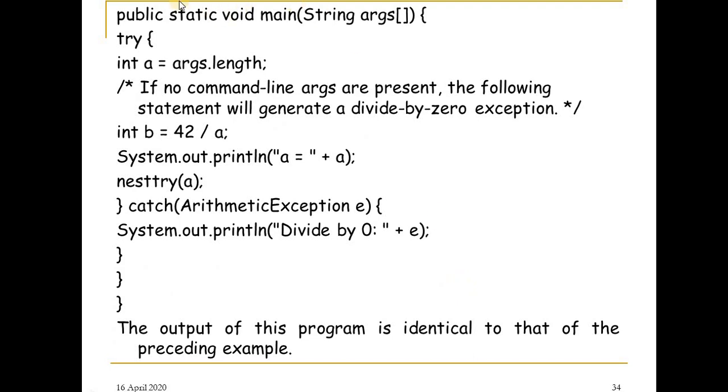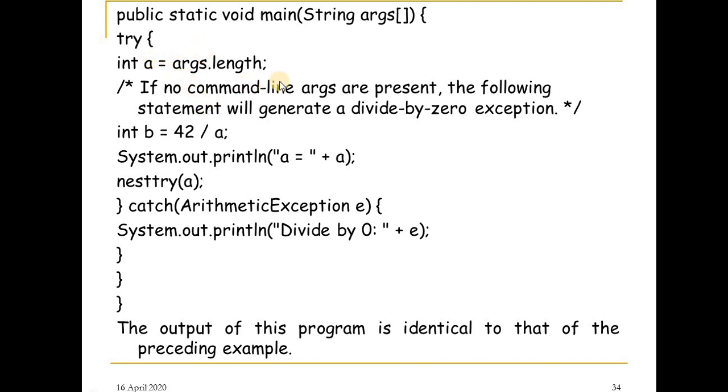See this main method here, public static void main. Inside this main method we have defined the try block, where a is assigned the length of the command line arguments. So a is equal to args.length, which will give me the number of command line arguments, and that value will be assigned to a.